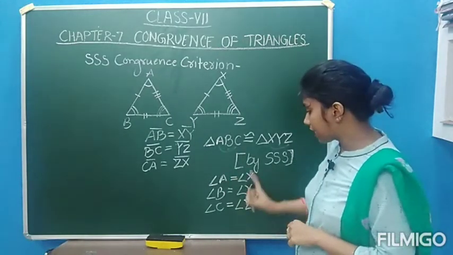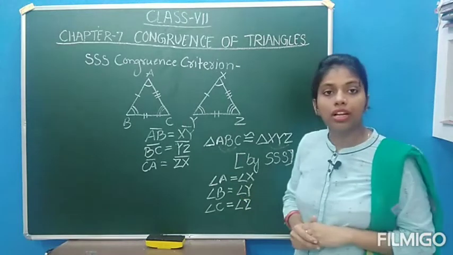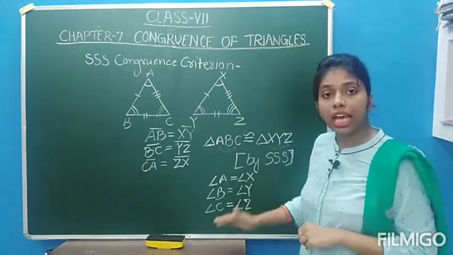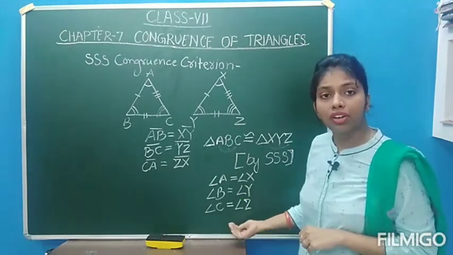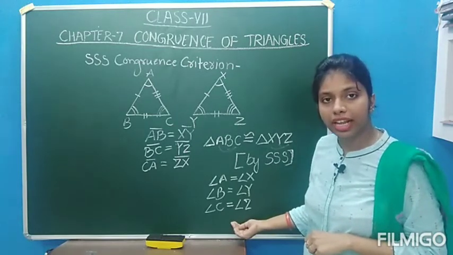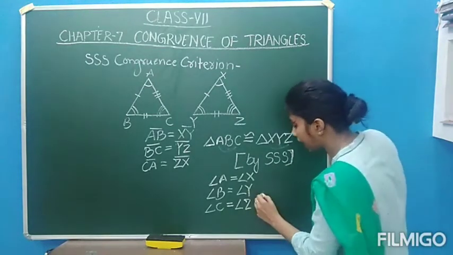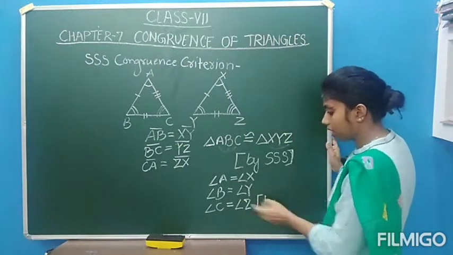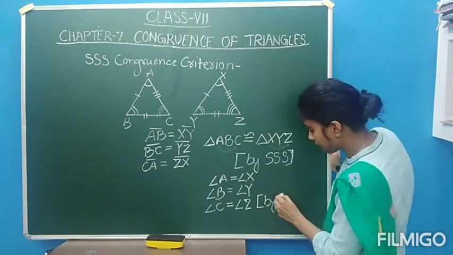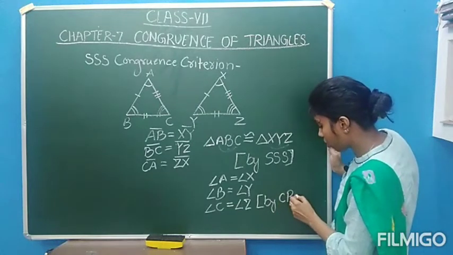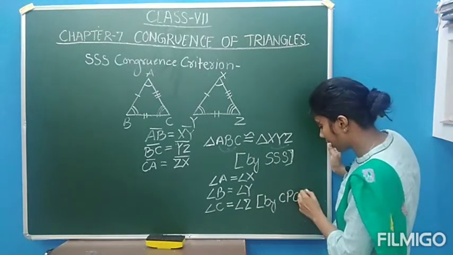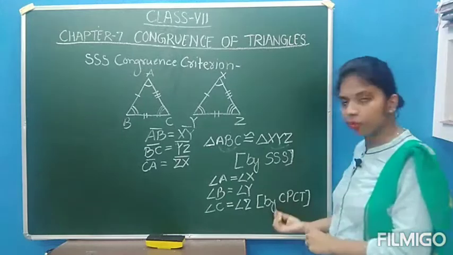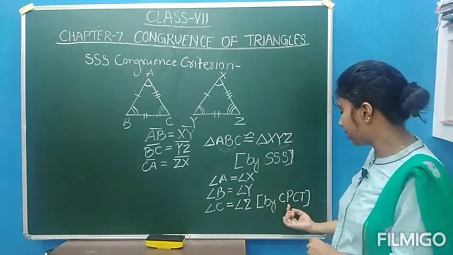How do we say that these three angles are equal? Because they are corresponding parts of congruent triangles. So in short we can say that they are equal by CPCT.